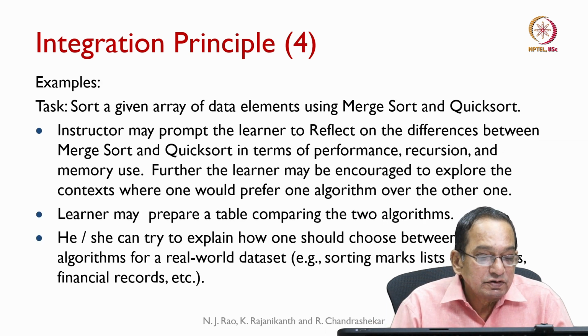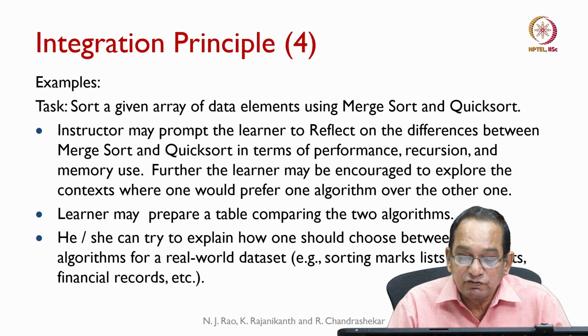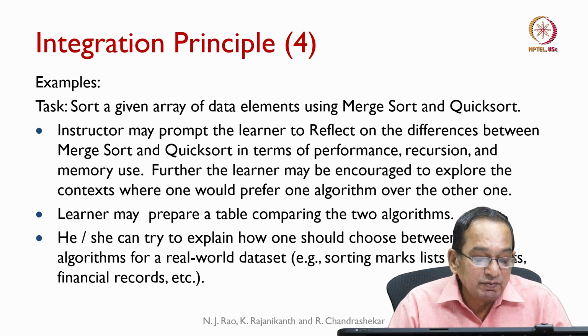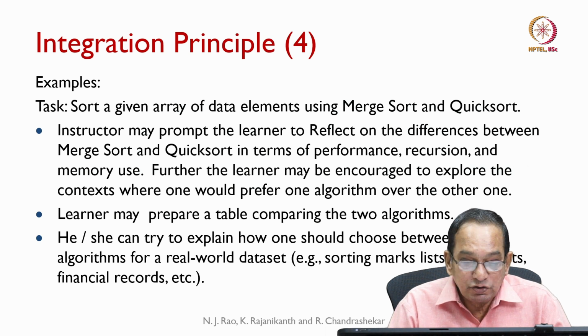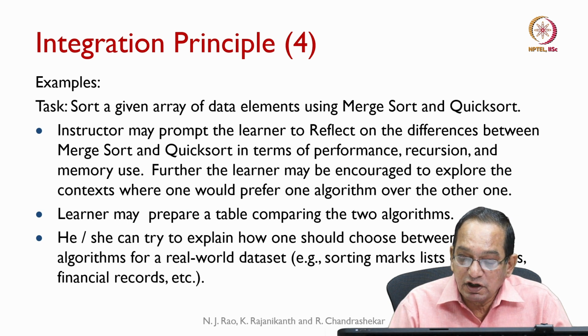Some examples. Again, sort a given array of data elements using merge sort and quick sort. The instructor may prompt the learner to reflect on the differences between merge sort and quick sort in terms of performance, in terms of the time and space requirements, that is, recursion and memory use. Further, the learners may be encouraged to explore the context where one would prefer one algorithm over the other.